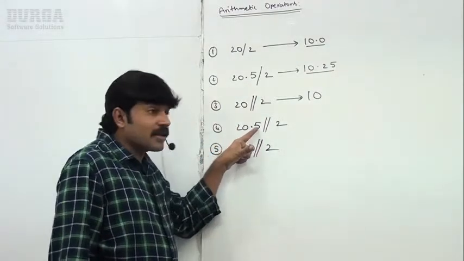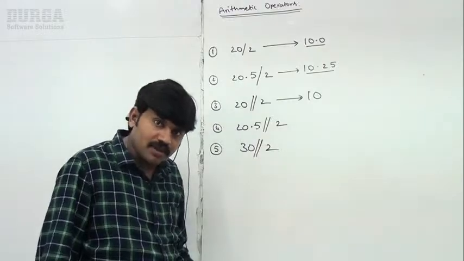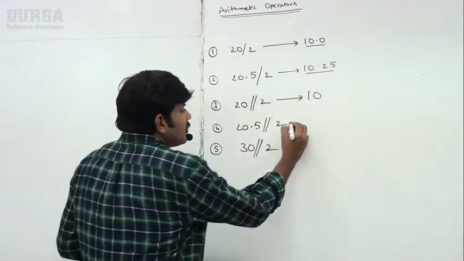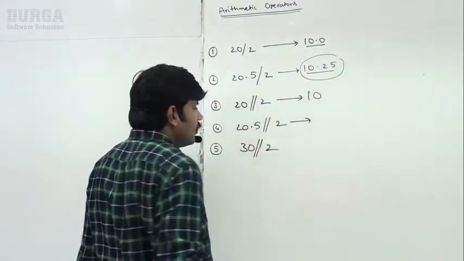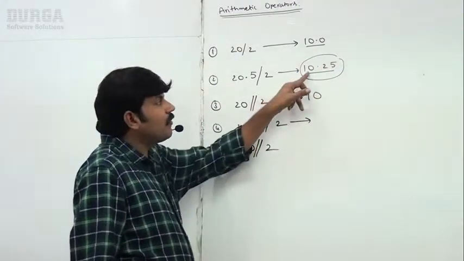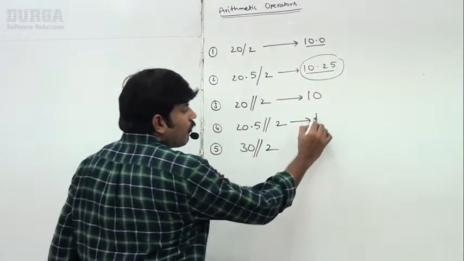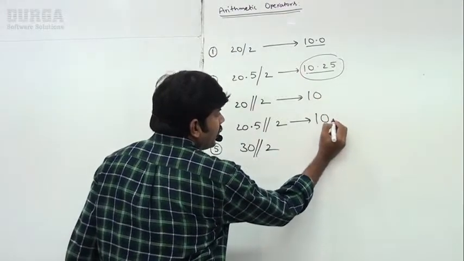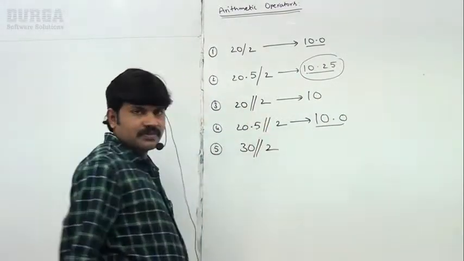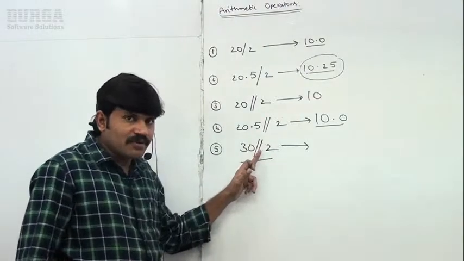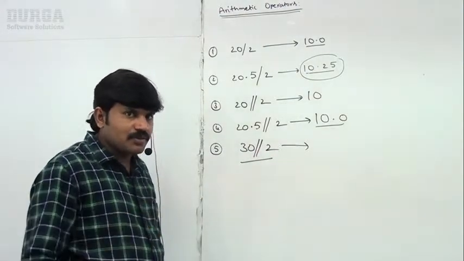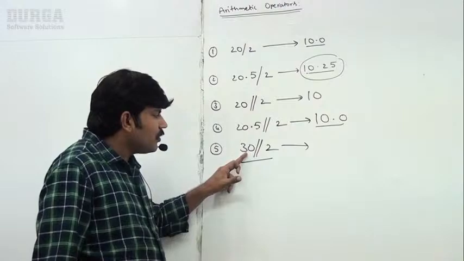At least one argument is a float, so the result is always float. Now, sir, the normal division result is 10.25. But for floor division, what is the float value? Float value means 10.0. Okay, now can you please tell 30 floor division 2? What does it mean here, do you know?